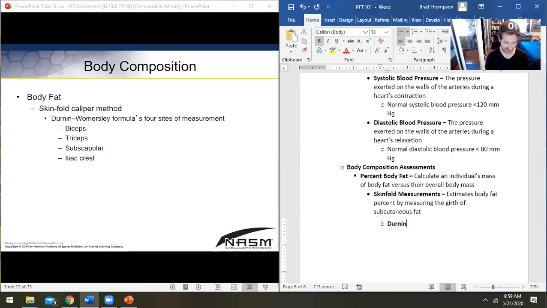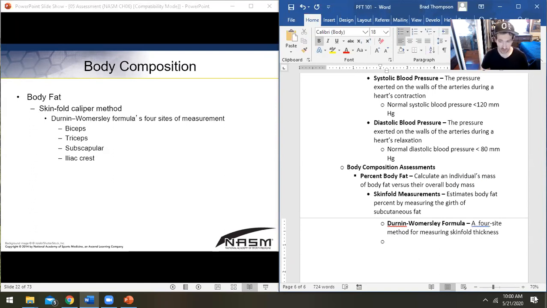The Durnin-Womersley formula is a 4-site method for measuring skin fold thickness.